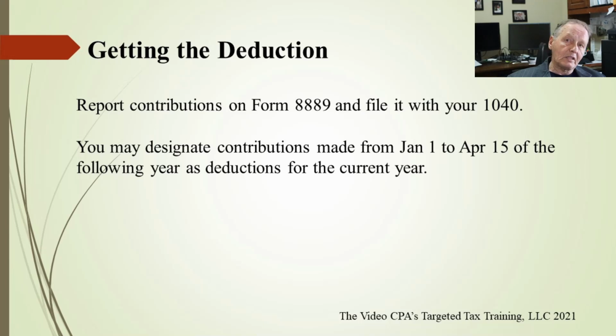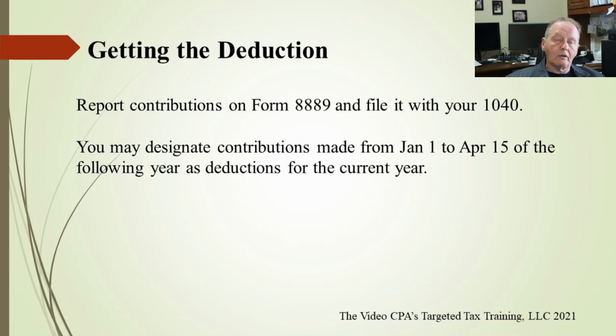It may cover an MSA or something like that. But in this case, we're talking about HSAs. So you'll say the plan is an HSA, this is how much I spent in qualified medical expenses for the year, this is how much I put into the plan, and this is how much I spent.